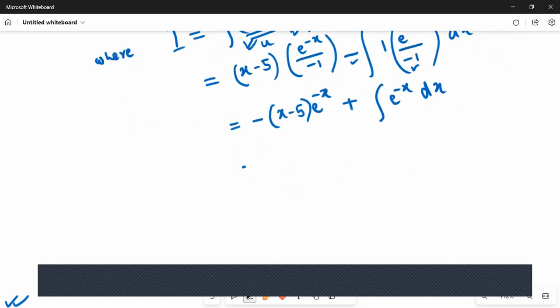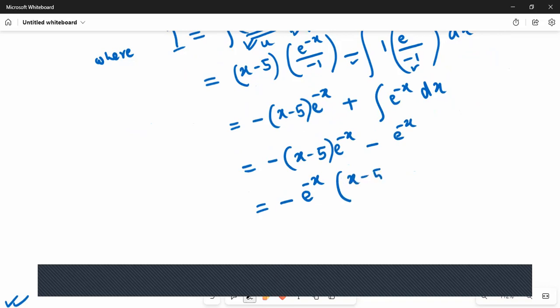Okay, then go ahead. So minus x minus 5 e power minus x, and then again this will be minus e power minus x. So we can take e power minus x as common, that is minus, x minus 5 plus 1, right?